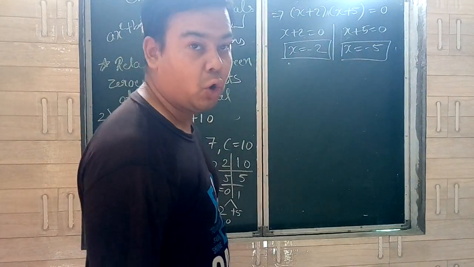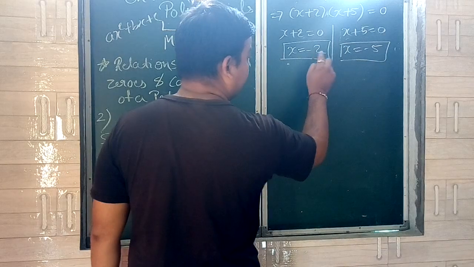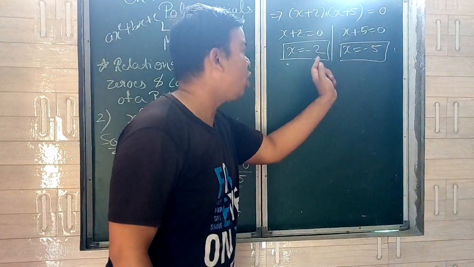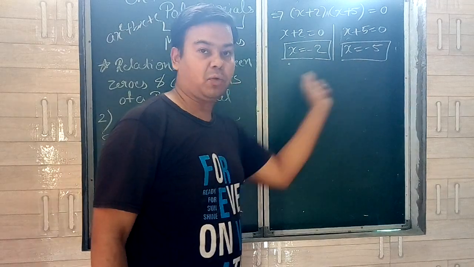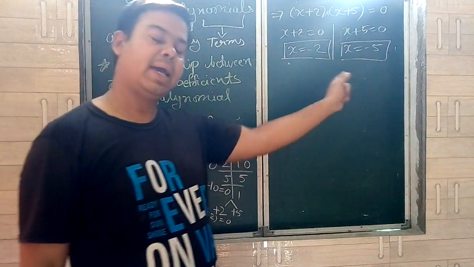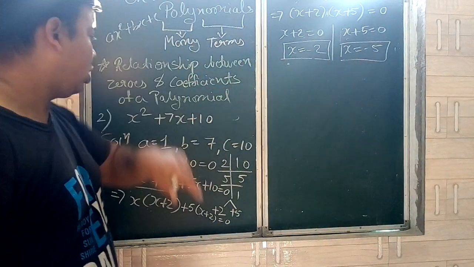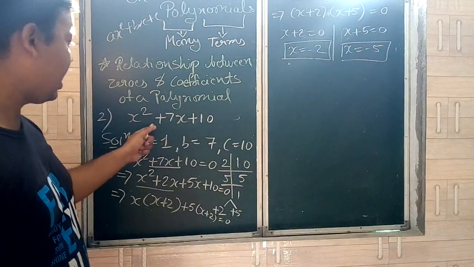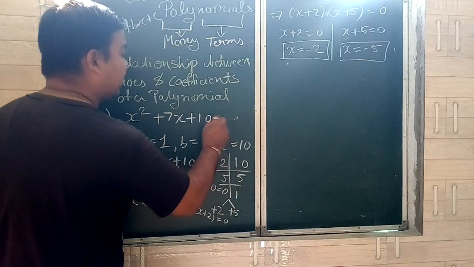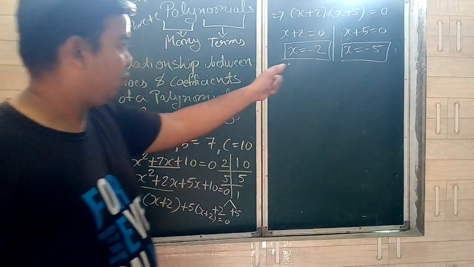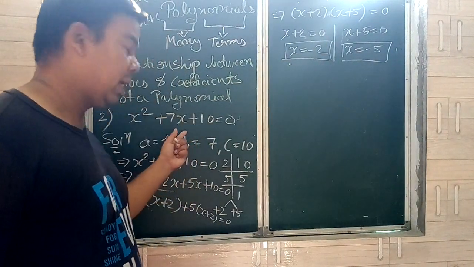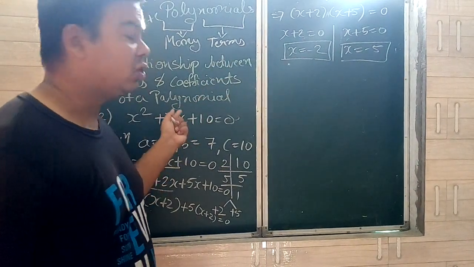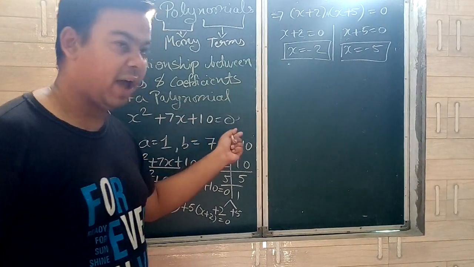These are our roots, or we call them zeros also; both are correct. Why do we call them zeros and roots? Because when we put these values in this equation, the equation is satisfied.